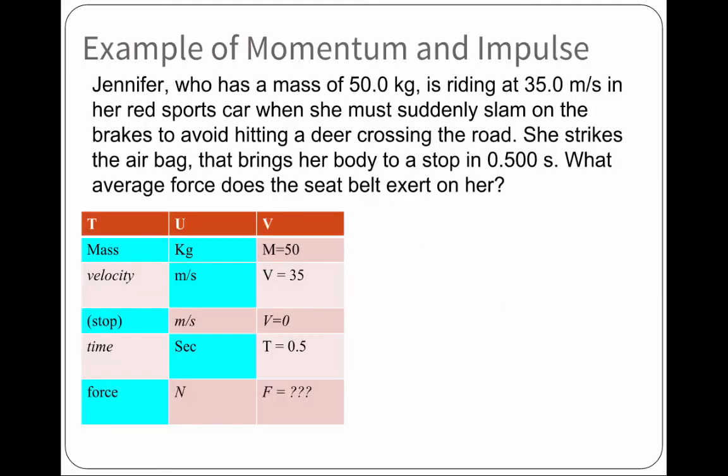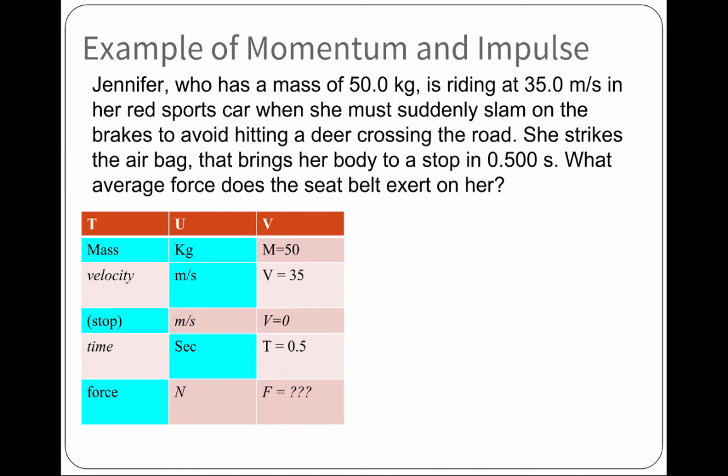So here's an example of momentum. I've filled in the entire table, but I've colored the boxes that came from the example in blue. So Jennifer has a mass, so that's my first term, mass, of 50 kilograms, that's my first unit, and is riding at 35 meters per second, that's my second unit, in her red sports car when she must suddenly slam on the brakes to avoid hitting a deer crossing the road.